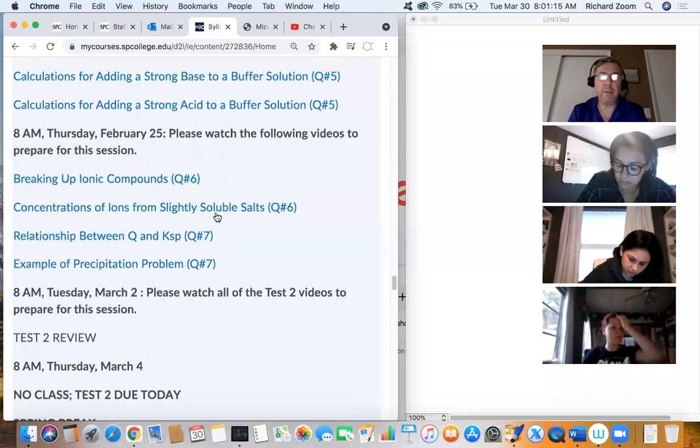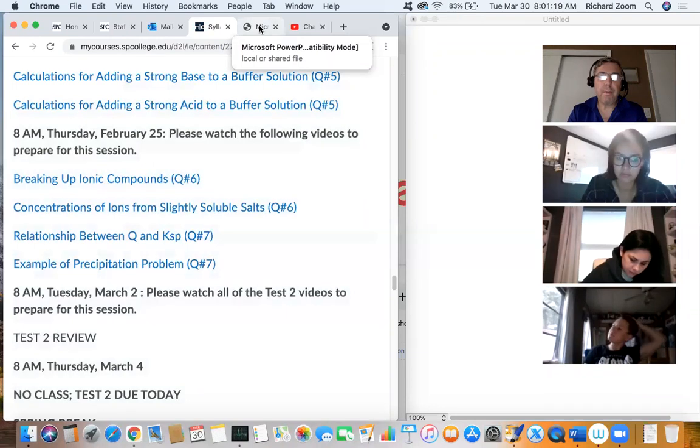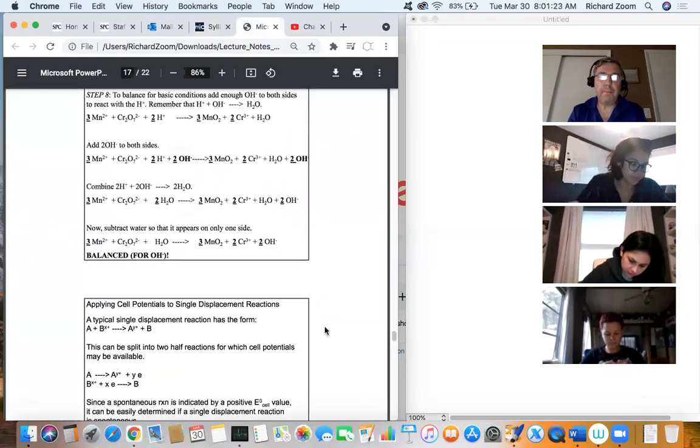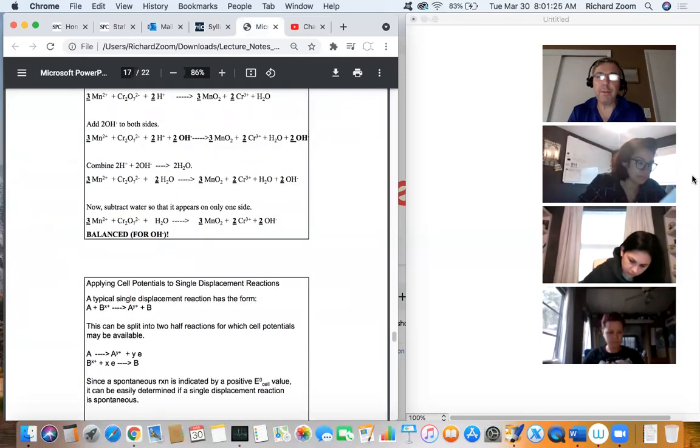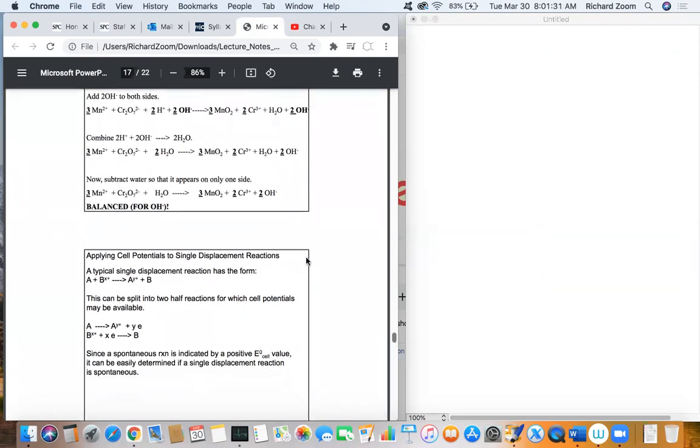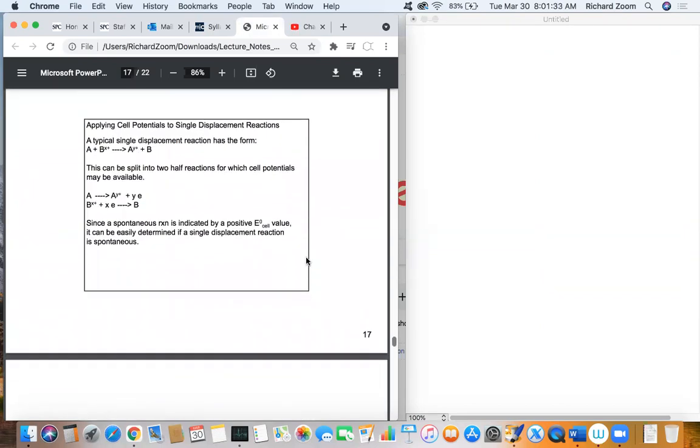All right, so let's go back to where we were at. We'd finished up with the redox equations. Let's continue with electrochemical stoichiometry and see where we're at with that. Now, this is just by way of an introduction to an application of cell potentials to single displacement reactions.